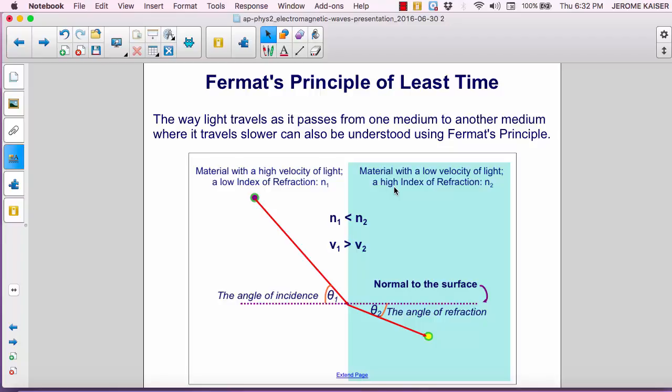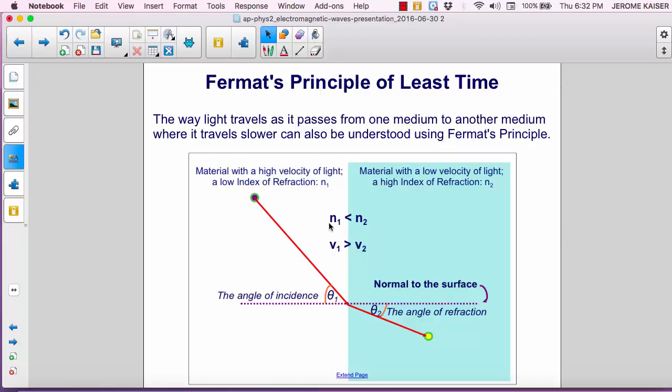By analogy with our person that wanted to get from the shore onto the boat, we can see light traveling from one point in a low index of refraction material here on the left to a point here in a high index of refraction material on the right.